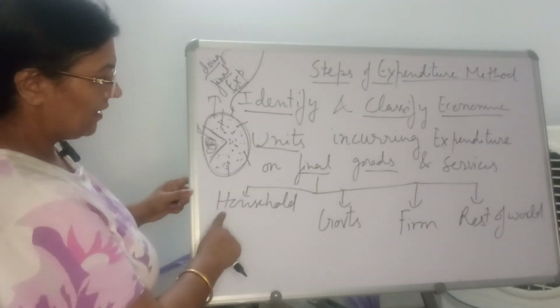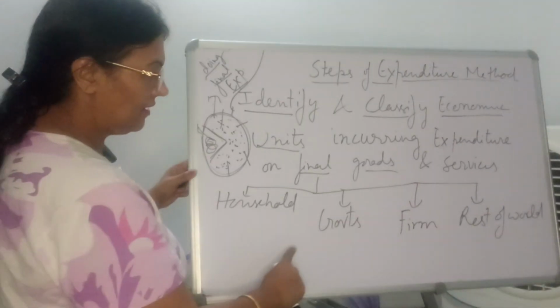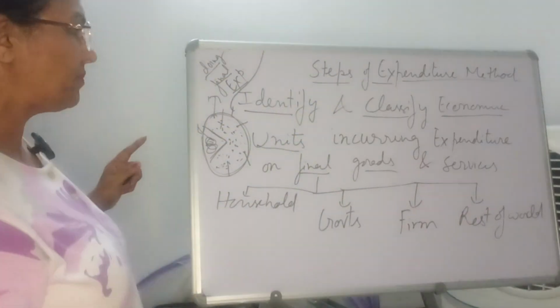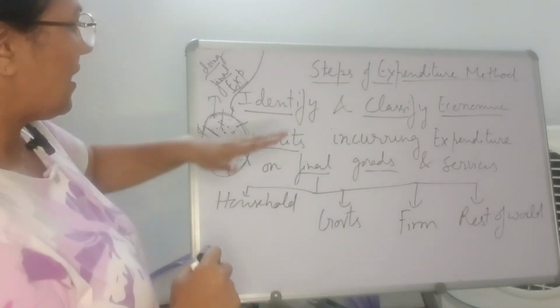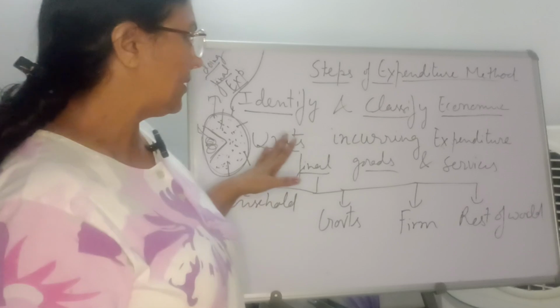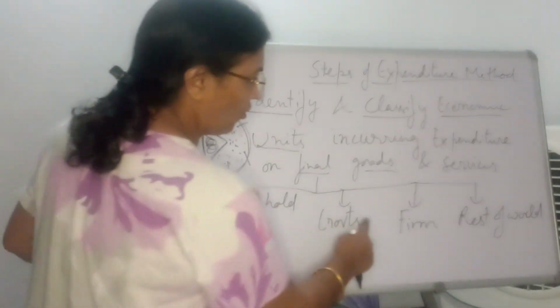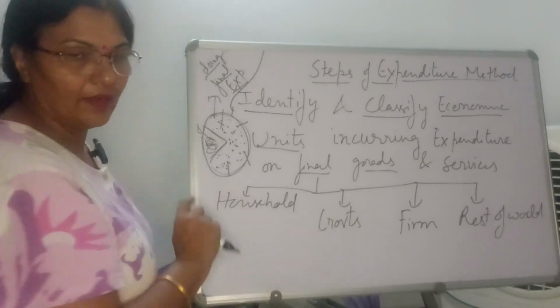This is the same. Consumption, household sector, government sector, firm and rest of the world. Yesterday I explained all to you. So first step, identify and classify the economic units incurring the expenditure on final goods into 4 groups, right?